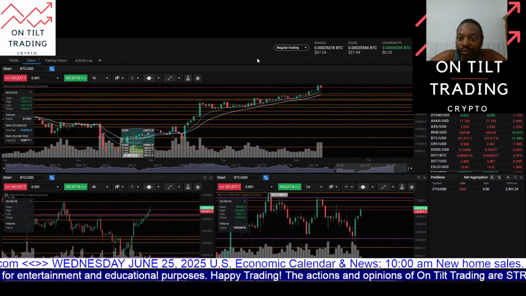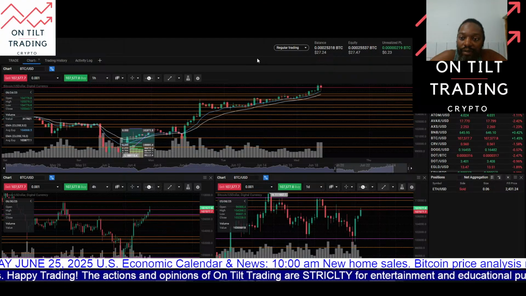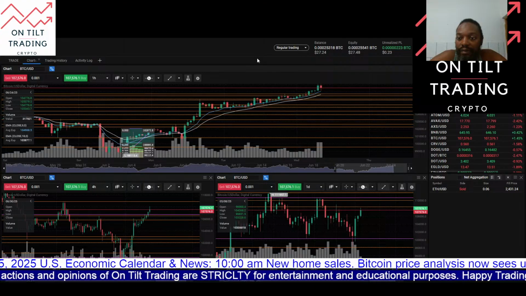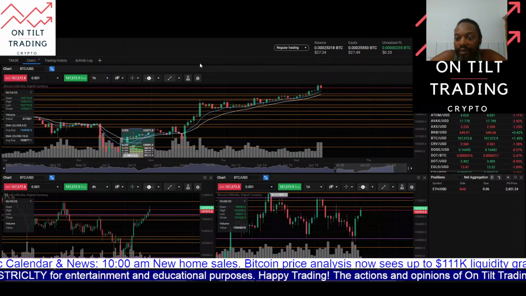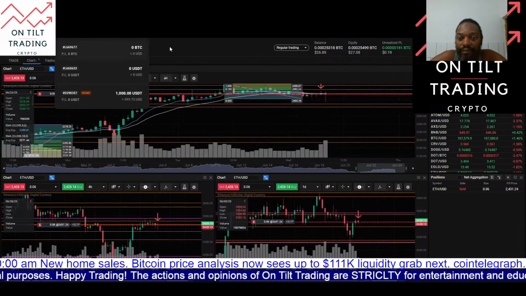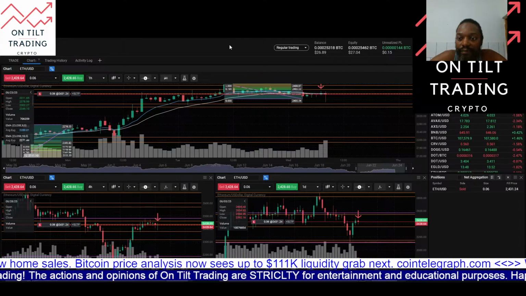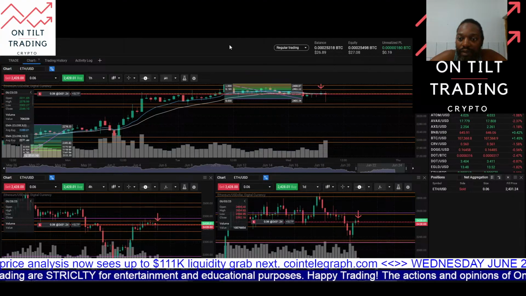Bitcoin trading at 107,580 level currently, and consolidating with some sell side delivery here. Ethereum consolidating here near the 24.28 level.